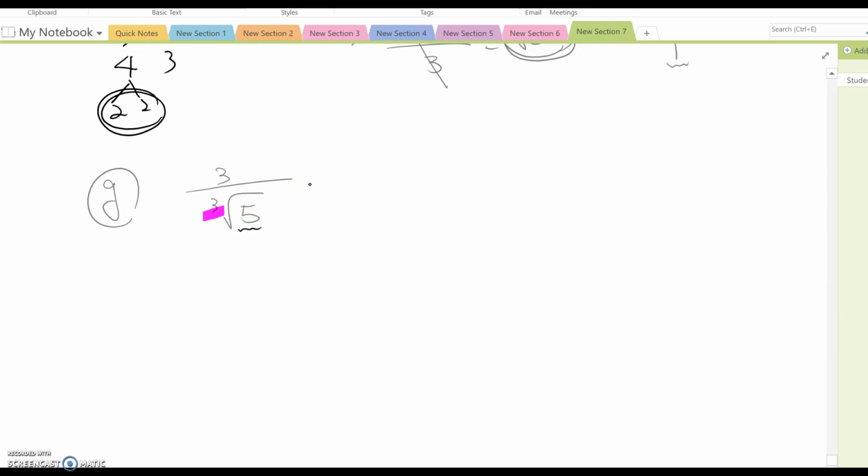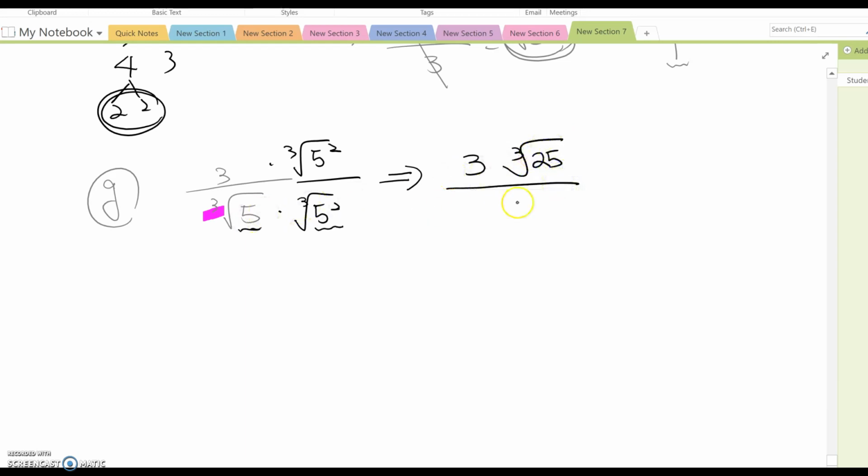Then how many 5s do we need more? Yes, 2 more, right? So multiply by the cube root of 5 squared, so that this becomes 1, 2, 3 fives basically. So this becomes 3 times the cube root of 25 over 5. That will be the answer.